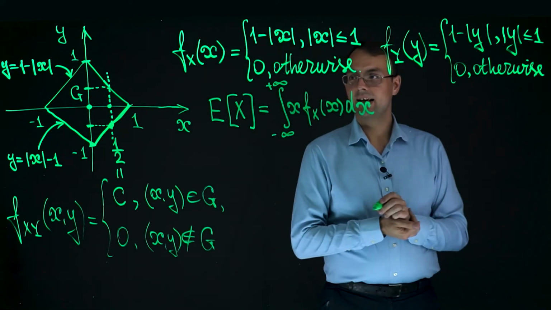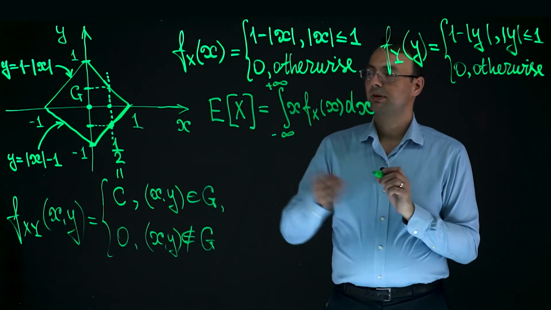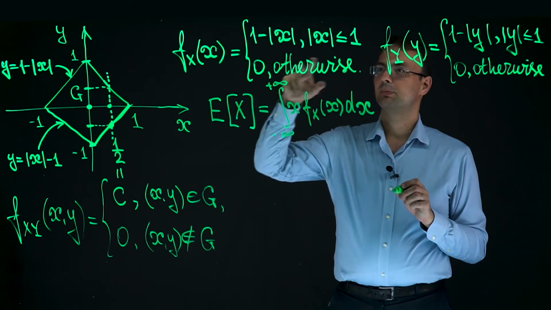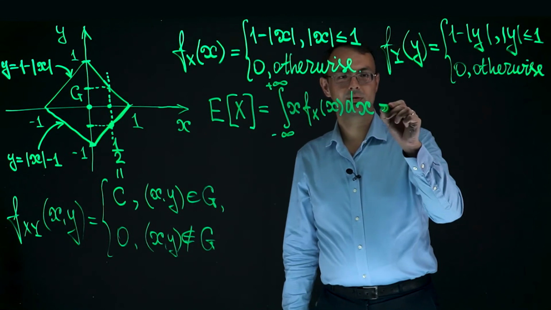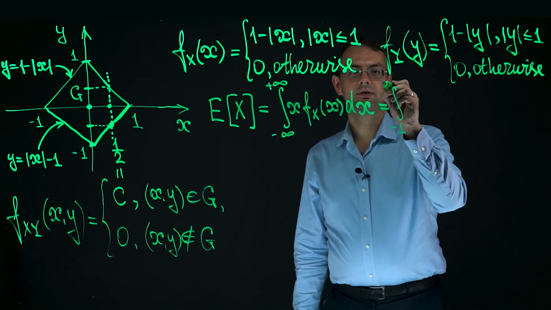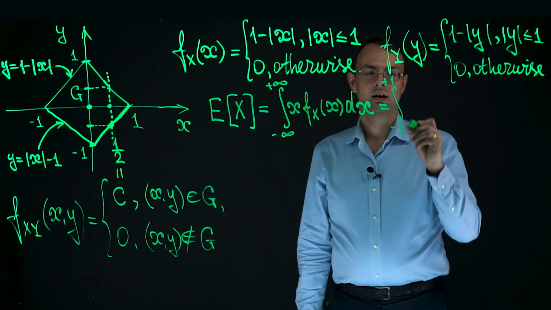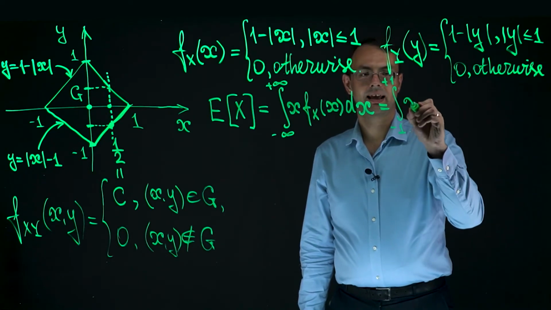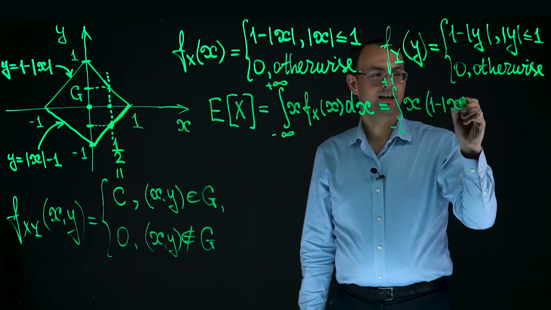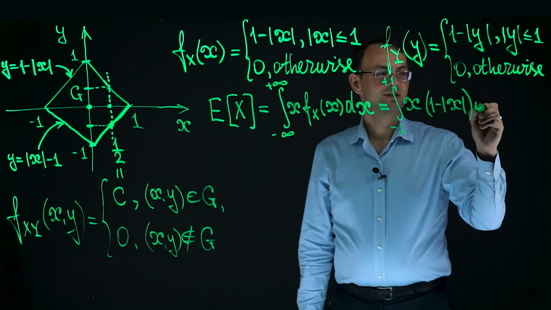So in our case, as the PDF of x is not 0 between minus 1 and 1, this means integral from minus 1 to plus 1 of x times 1 minus modulus x dx.